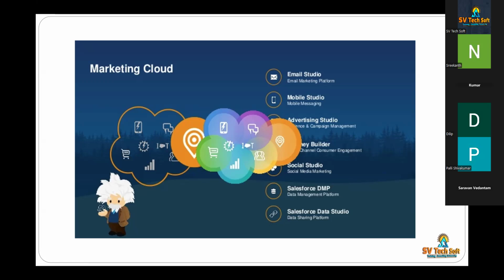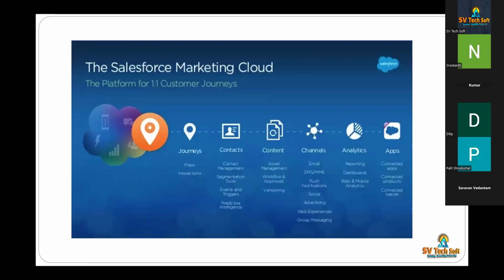So that's why we call it a marketing 360 view of email marketing. That is what we call Salesforce Marketing Cloud. So that's the importance of Salesforce Marketing Cloud, and how it works, like what kind of things we will do in the real world.